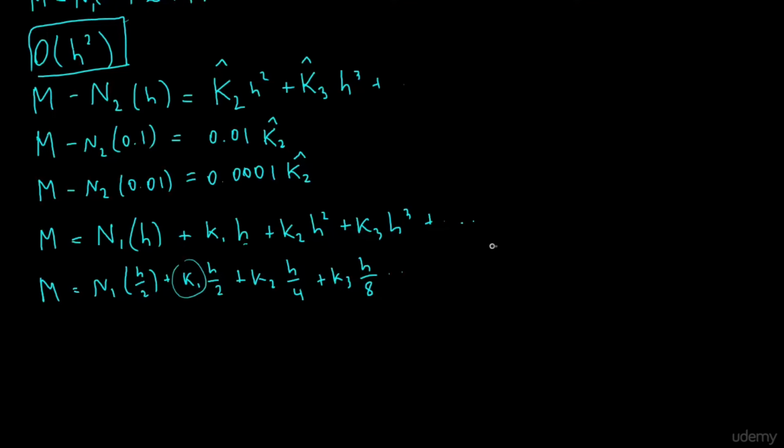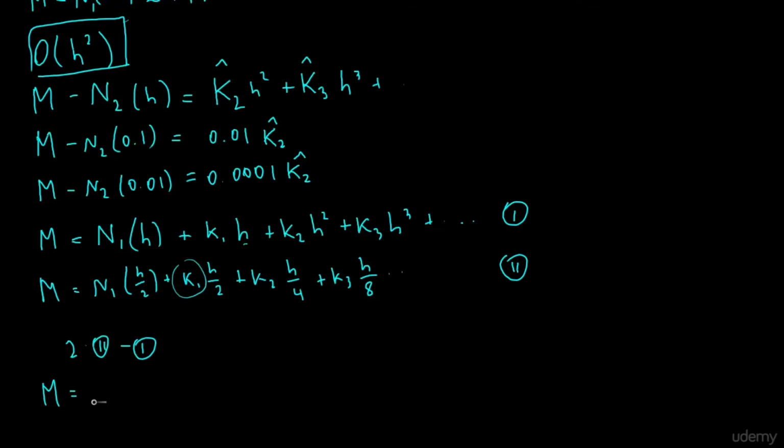I'm going to number them. If this is 1 and this is 2, what we want to calculate is 2 times equation 2 minus the previous equation. Once you write that out, you end up with the following.